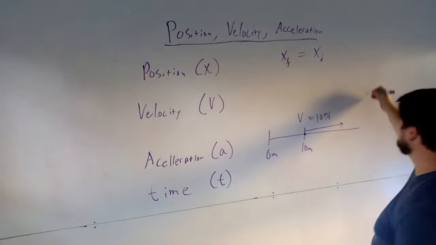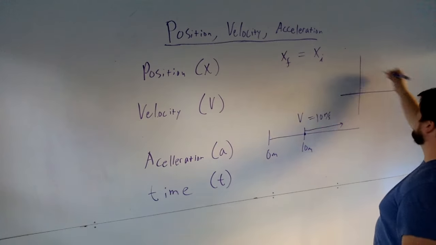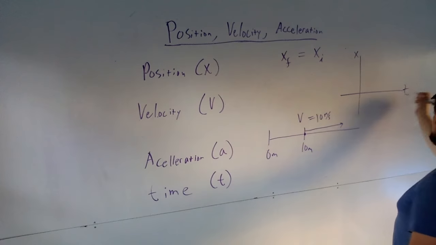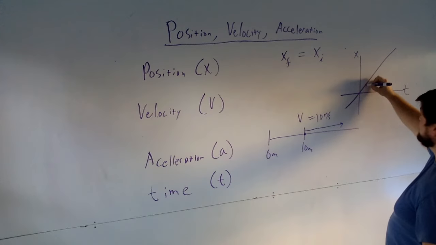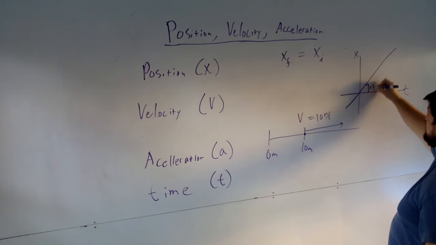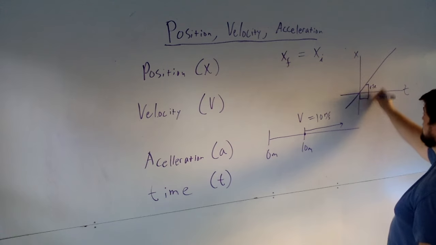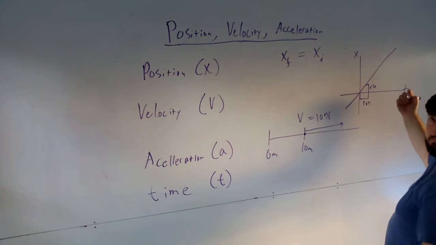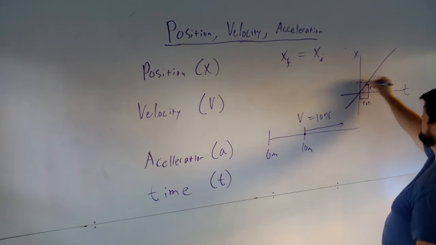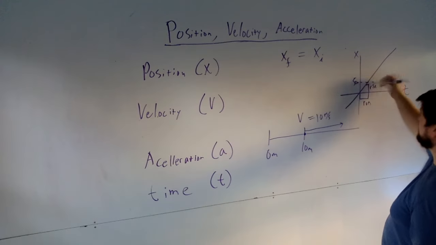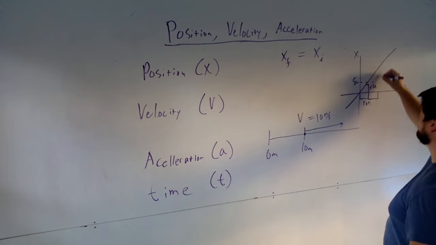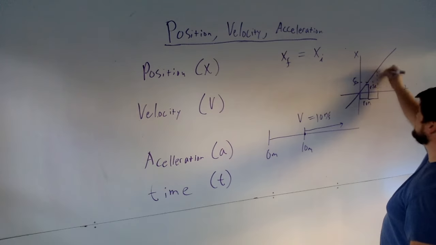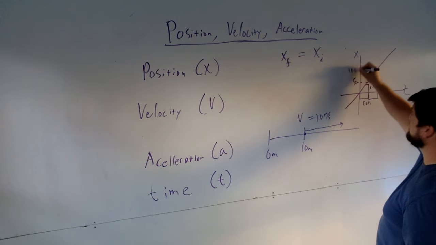If you've got my position versus time, if you have a consistent velocity, it looks like this. Every time I go the same rise for my given run, okay? So if that's 50 miles per hour, there's 50, after another same equal amount of run over here, I will go up by the same number, so I'll be at 100 now.